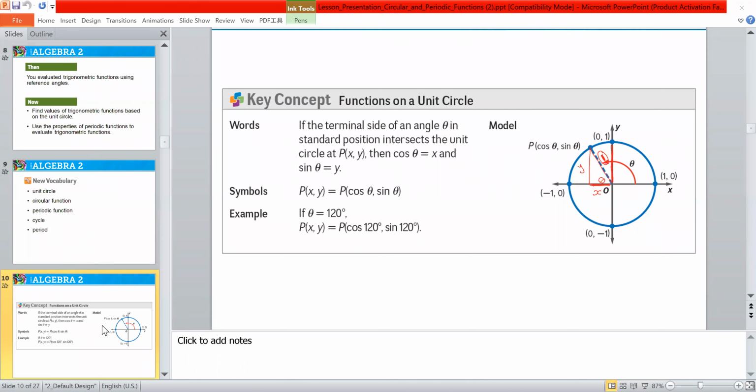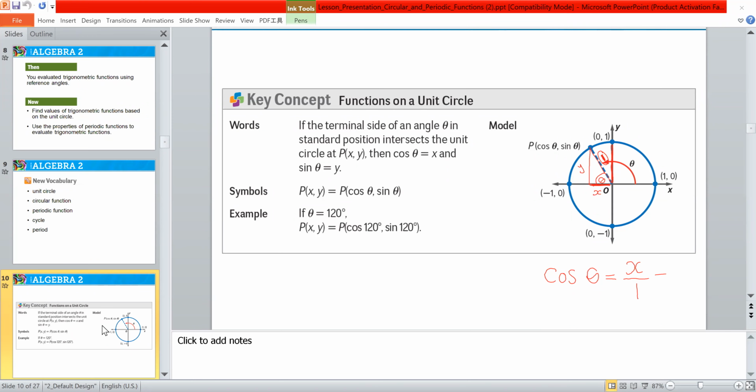Please, Hussein, can you give me cosine theta? Cosine theta is adjacent over hypotenuse. Adjacent is x, over hypotenuse, which is 1. So it's equal to x.